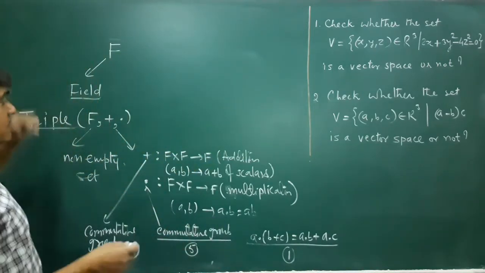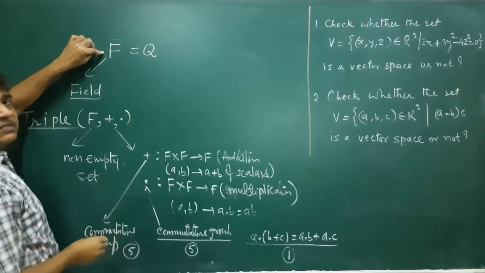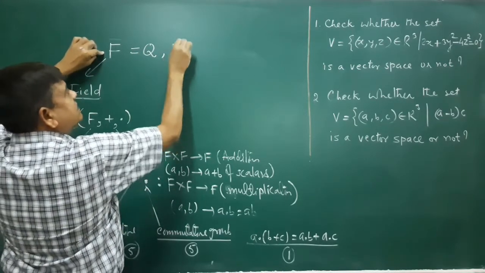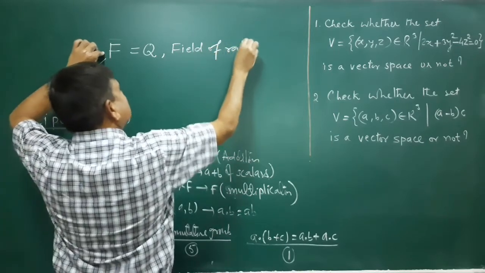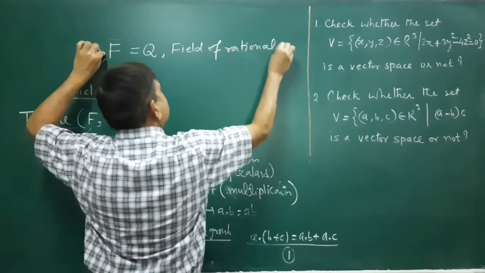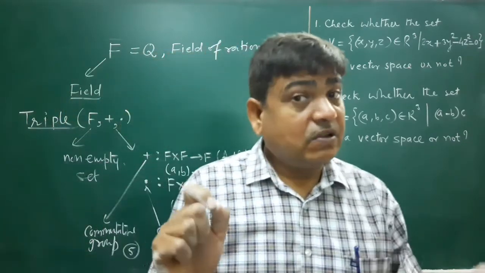Okay, but now suppose F is Q, then this is the field of rational numbers. You have to remember all the basics.